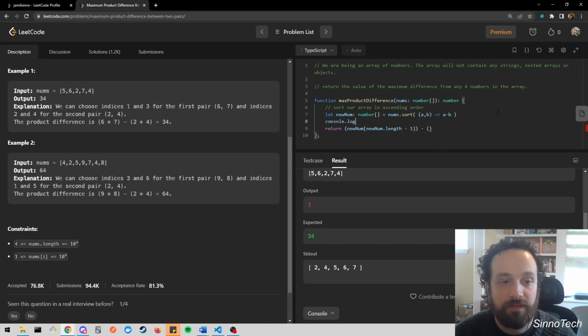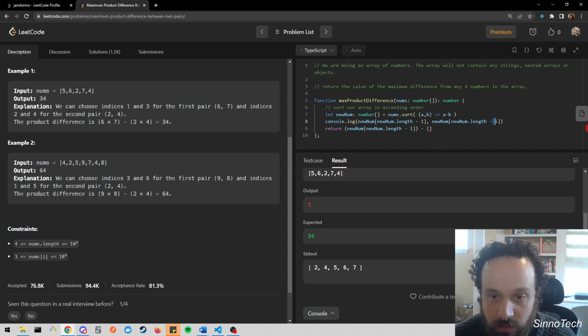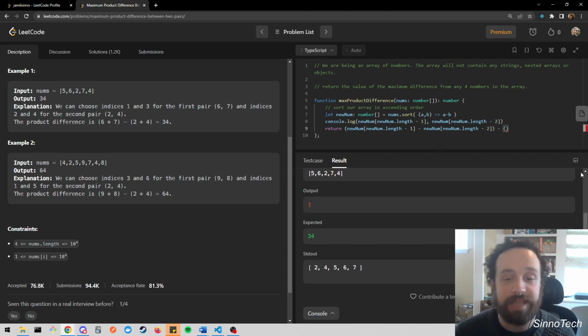And for the sake of simplicity, new num of new num.length minus 1. And I'll do the same thing, but instead of 1, I will do 2. Okay? I'll just copy this and subtract this from here. And in the same vein, I want to subtract the product, not the subtraction, but the product of the first 2 numbers.